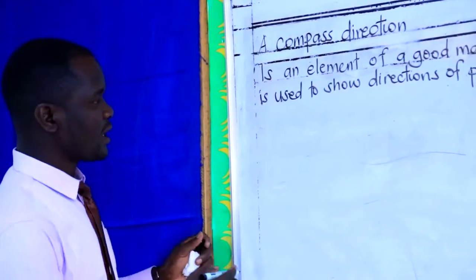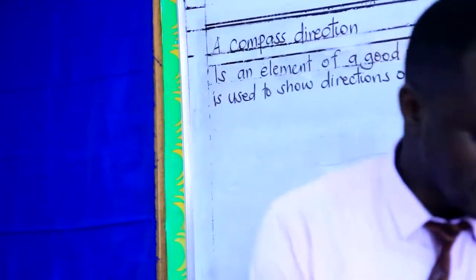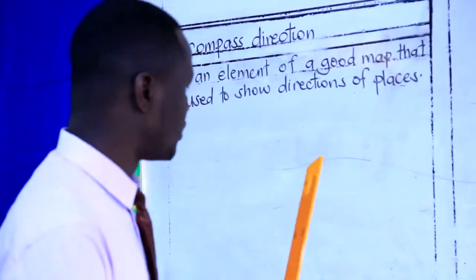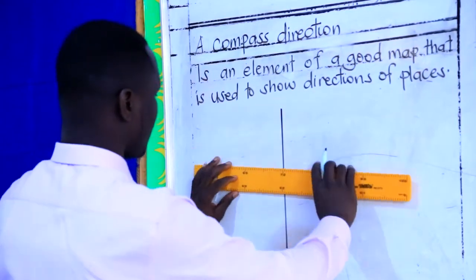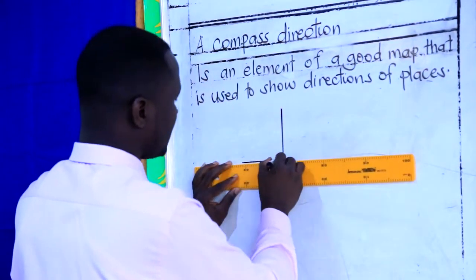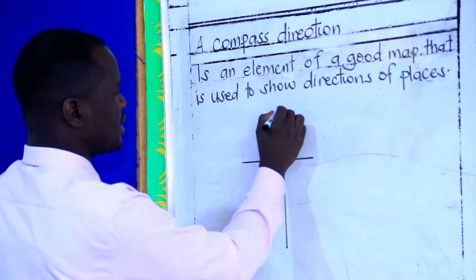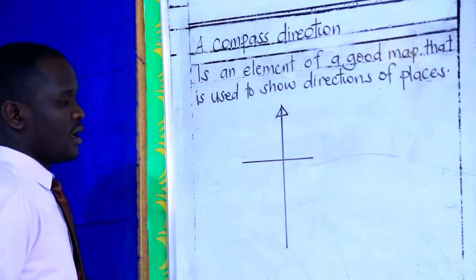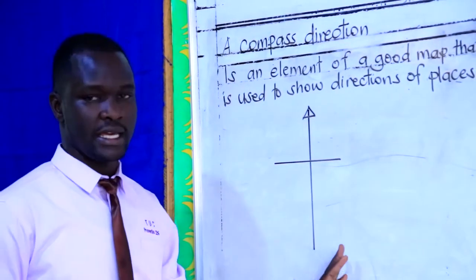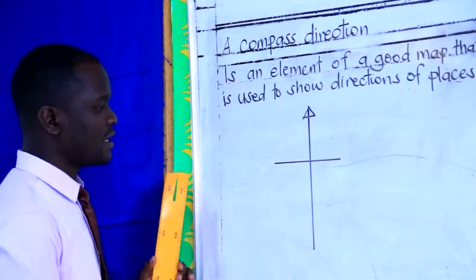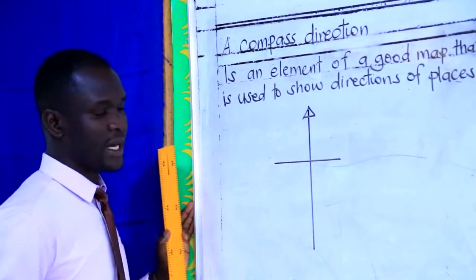So, if we are to understand well, you will find that our compass, they can draw our compass direction. And we always say that a compass, this is an instrument. This is how we represent the instrument called a compass. And we also draw the compass directions.